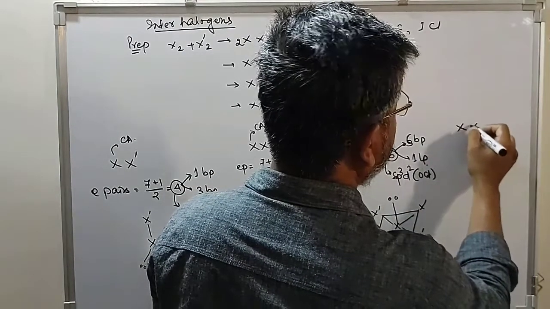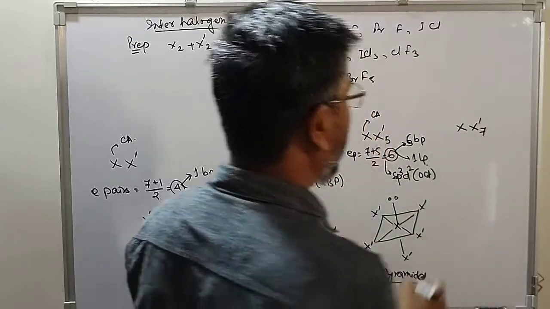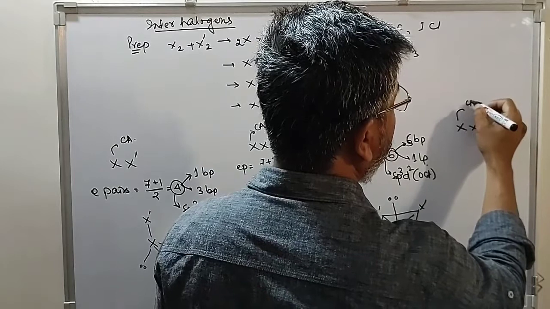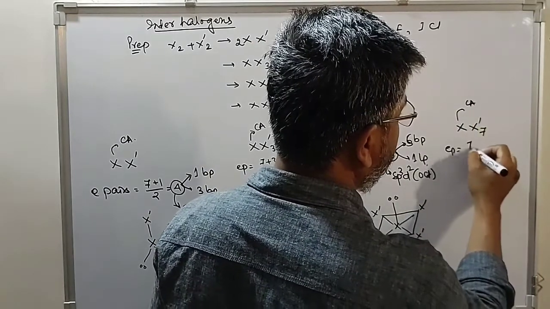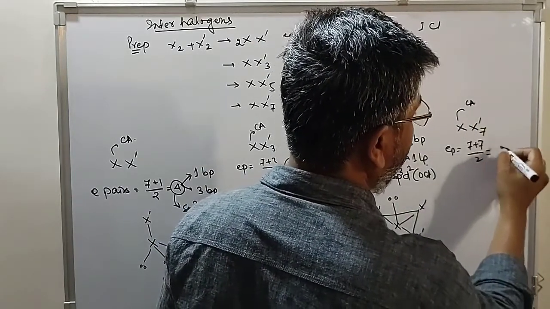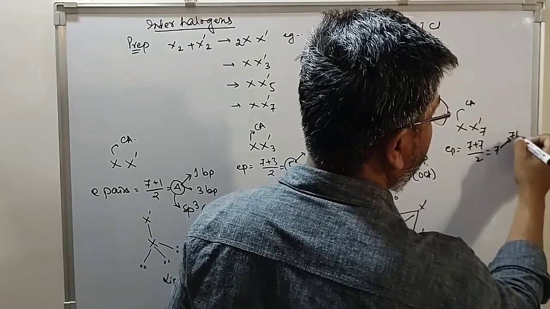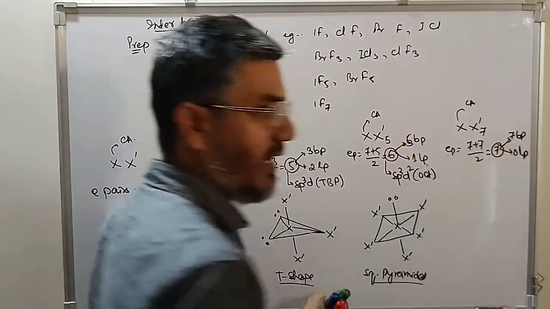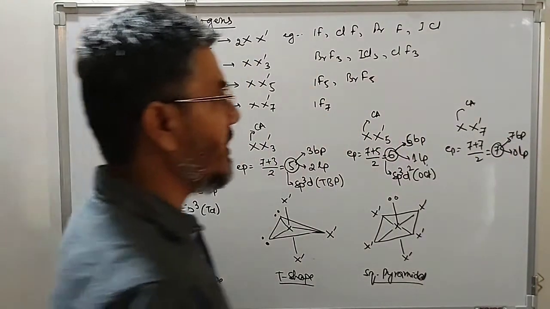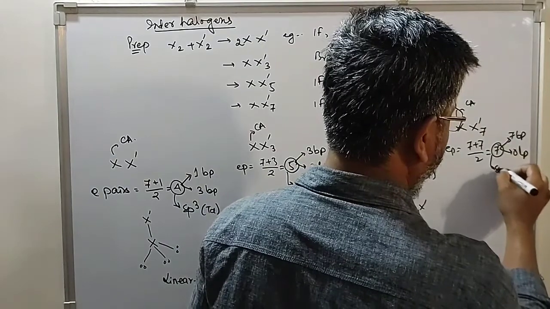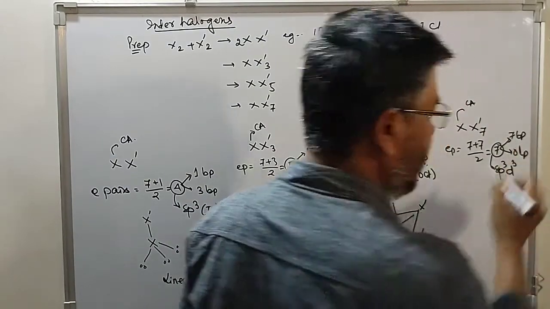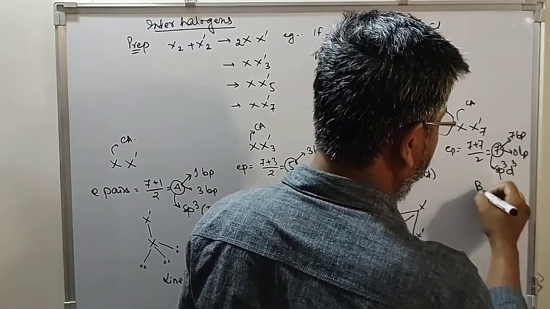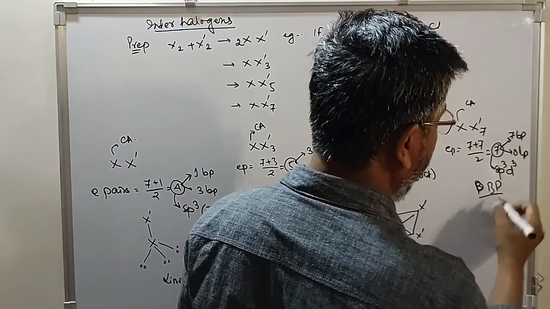Then we have XX prime 7. The only example is IF7, as I have given you. X is the central atom, so electron pairs are 7 plus 7 by 2, that is 7. So we have 7 bonded pairs and 0 lone pairs. So 7 hybrid orbitals are required, so the hybridization is sp3d3 type, and the shape is pentagonal bipyramidal.